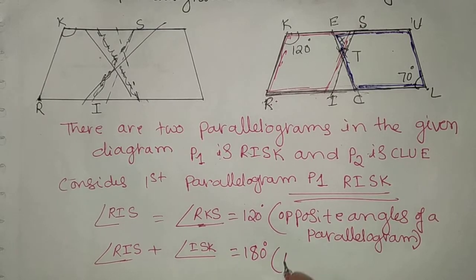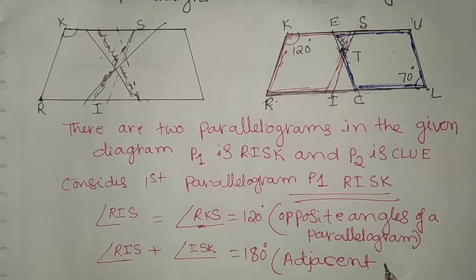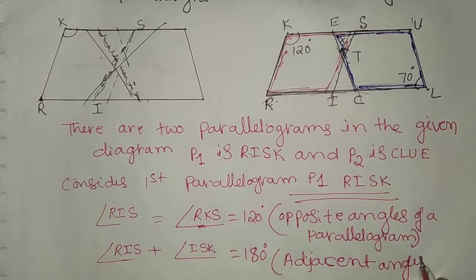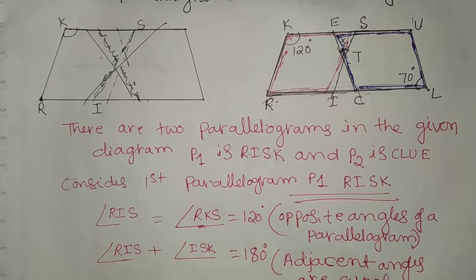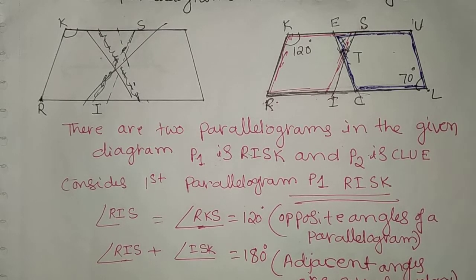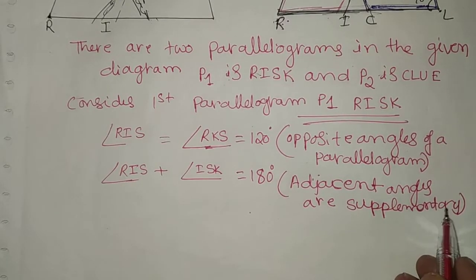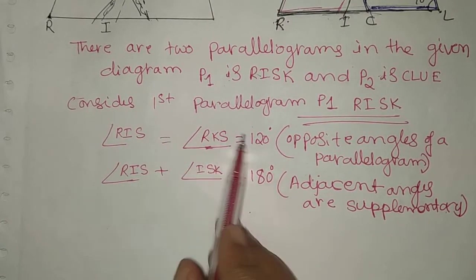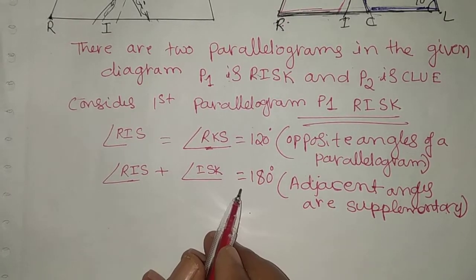So in the bracket we can write: adjacent angles or supplementary. So these two are the adjacent angles. When adding these two, we'll get 180 degrees.